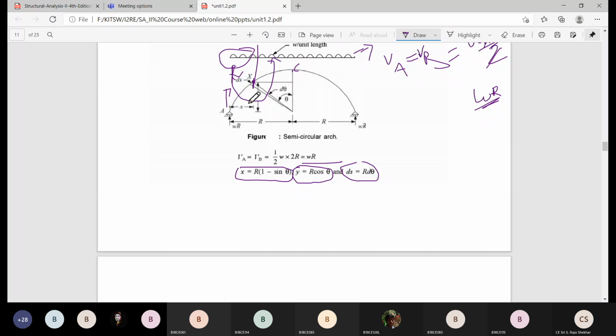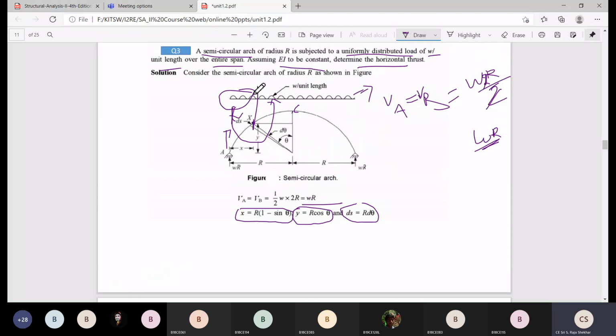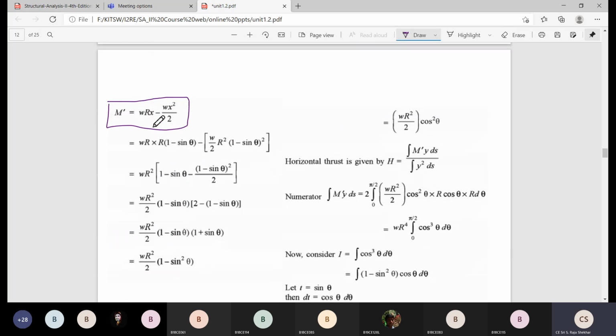The load intensity is w, so the total load is w into x, which is acting at a distance of x by 2 from this point. So the moment at x is equal to VA into x minus w x into x by 2. So this is the bending moment equation.